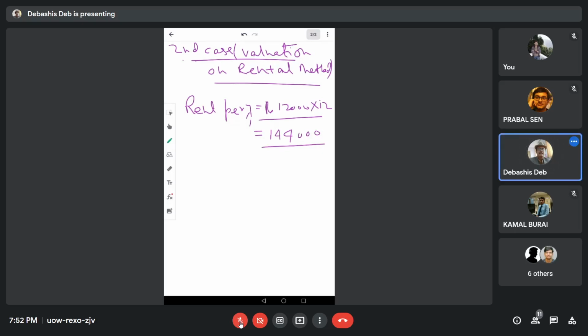Hello, is there any confusion? Rent per year 12,000 per month into 12, so 1 lakh 44,000. Now it is mentioned that outgoing 45% of the gross rent. So this is the gross rent. Deduct outgoing at the rate of.